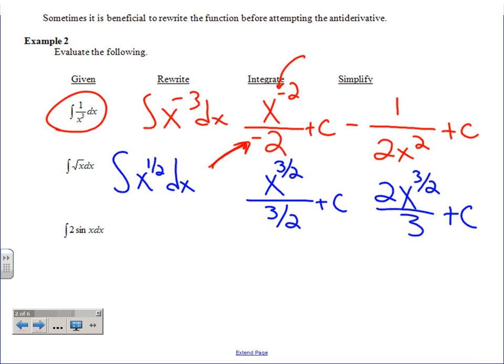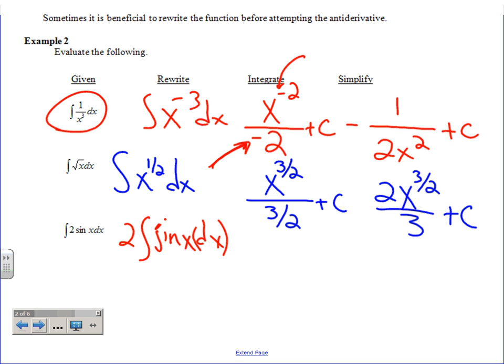Here's where I was going to wait. I was going to tell you something earlier, and I chose to wait till now. Whenever you have things multiplied like this, it's just kind of one term, right? 2 sine of x dx, it's all just one term. If it's ever multiplied just like that and it's just one term, what you can do, if you wish, is pull whatever you're multiplying by out and just integrate what's left on the inside.